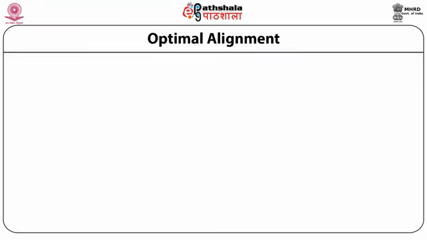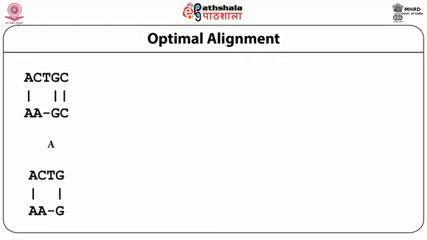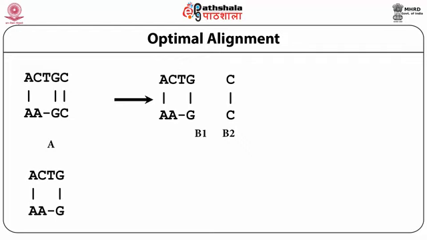To understand the meaning of optimal alignment, one has to break the alignment as shown in A into two parts as shown in B. The score for the alignment shown in A is equal to the sum of the score for the left hand alignment of 4 bases in B1 plus the score for alignment of 2 bases shown in B2.